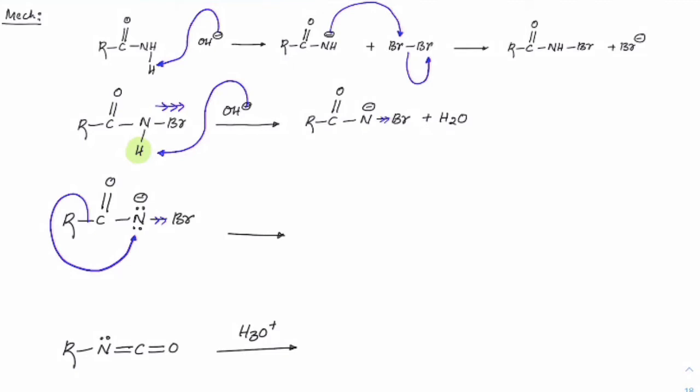And that bromine will leave, and this lone pair will become a double bond, so this will become R N double bond C double bond O plus Br minus. This will become isocyanate. Usually this reaction happens very slowly, and since this is the slow step, it is the RDS of the reaction as well.